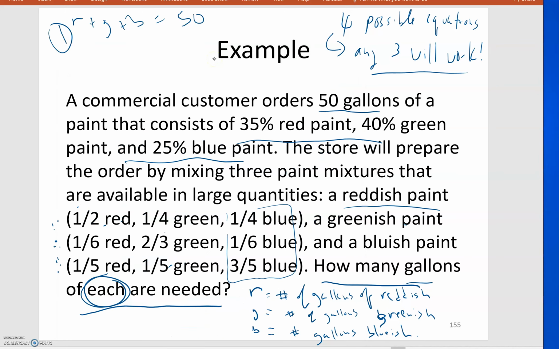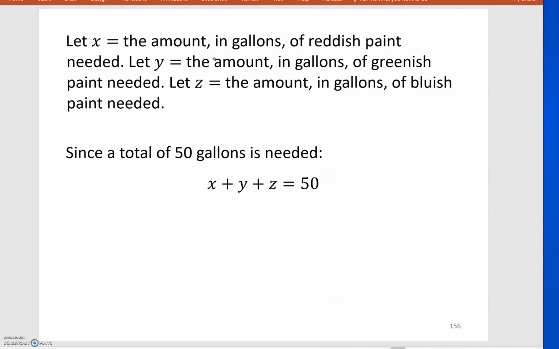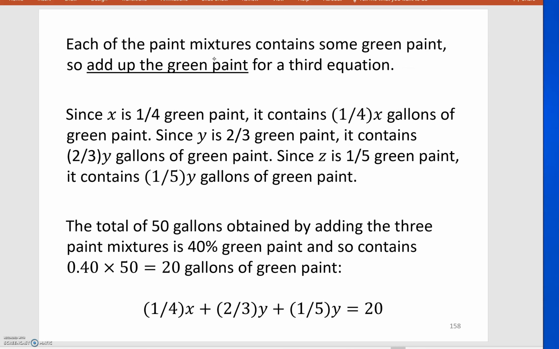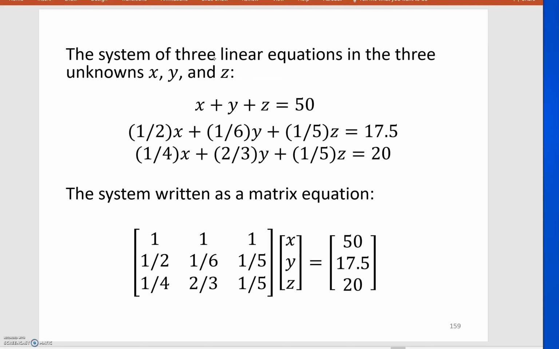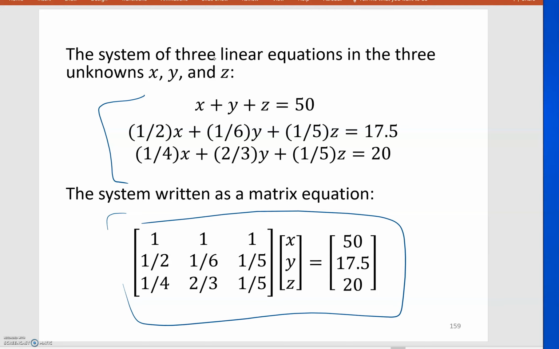So let me go to the slide where I've got all this information tabulated. Okay, so here's my system, and here's my matrix system down here. And this is the matrix that we need to enter into the calculator, then invert it and do the multiplication.